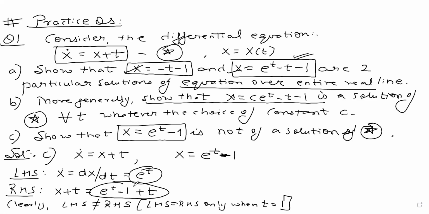But in general, for any other value of t except 1, LHS is not equal to RHS. So I can say that therefore x equal to e to the power t minus 1 is not a solution of the differential equation x dot equal to x plus t on any open interval.